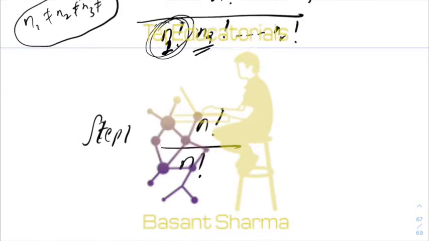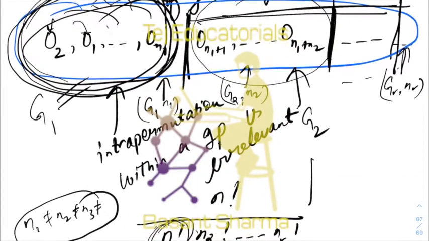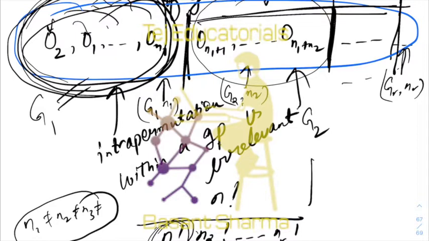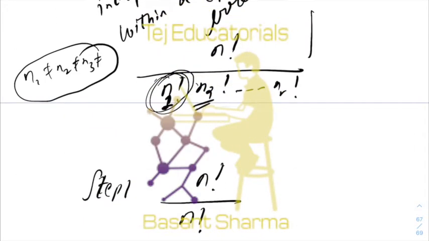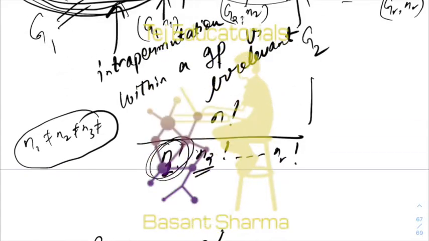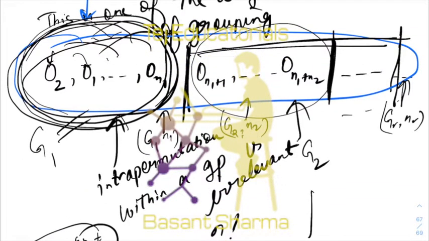Okay, so we depermute the intra permutations, which means we are essentially removing the excess permutations caused by the intra permutations of the elements of group 1. Now once you have done that, group 2 has n2 elements.